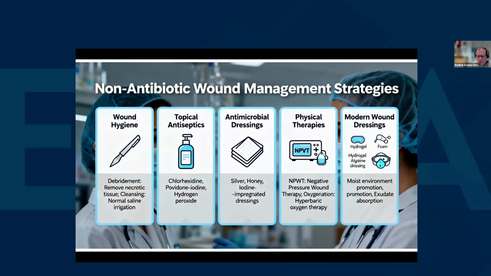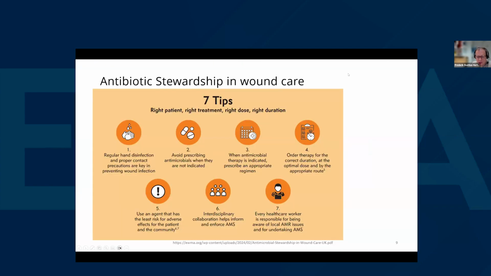But this is more of a specialized treatment as well, where you really need to have special settings. You need to have specialists with an understanding of how hyperbaric oxygen therapy should be performed. But those are the non-antibiotic management strategies that you should consider before you apply antibiotics.